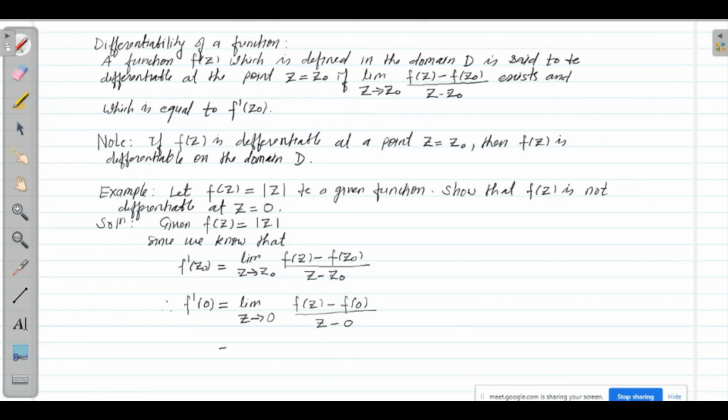So this equals limit z tending to 0, where f of z is mod z, so mod z minus f of 0. Put z equal to 0 in this function, so you'll get f of 0 equal to modulus of 0, and this is divided by z. Okay, now let us move to the next page, then simplify this.